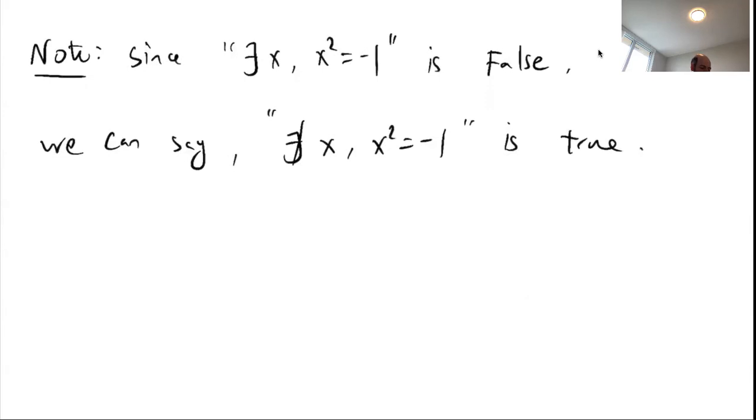Okay, and another quantifier is called uniqueness quantifier.